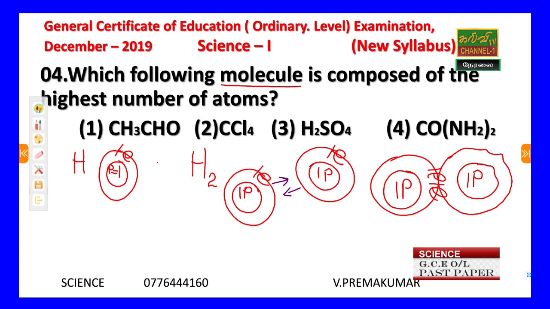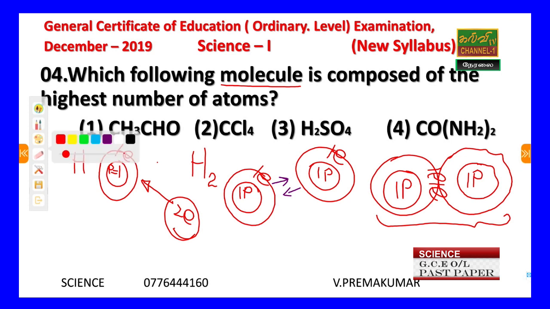That means if the first orbit contains 2 electrons, that is stable. That is the fulfilled stage of the first orbit. Here, due to sharing their electrons, each gets 2 electrons in the last orbit. Therefore, that is a stable condition.